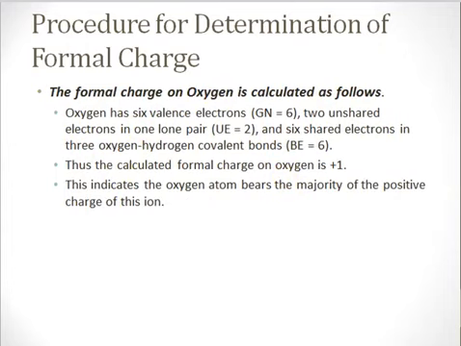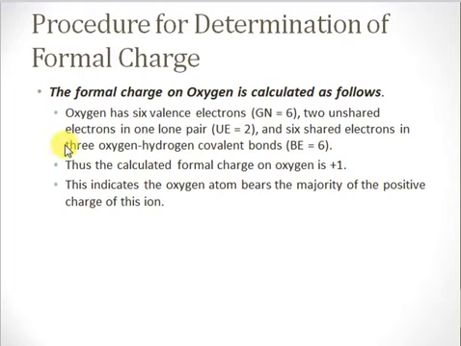Let's calculate the formal charge for that as well. We write the formula. For the formal charge on oxygen, the group number for oxygen is 6, minus 2 lone pairs, so minus 2. Going back to the previous slide, in the hydronium ion there were 3 covalent bonds from oxygen to hydrogen.